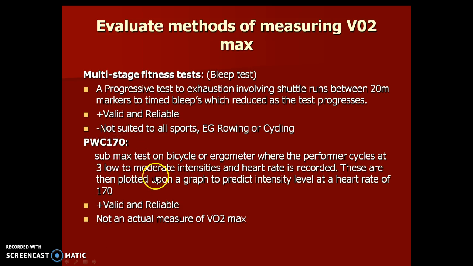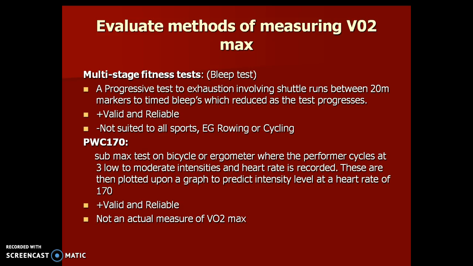Going on, the PWC 170, so your physical work capacity 170 test. Now you have to know it's PWC 170, so what it is, it's a sub-maximal test. You will go on there at 3 low to moderate intensities, and then you get your heart rate recorded. From that, people will estimate what your intensity level will be at 170 beats per minute.